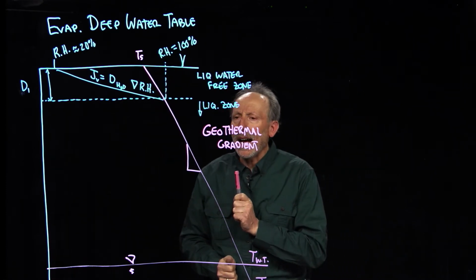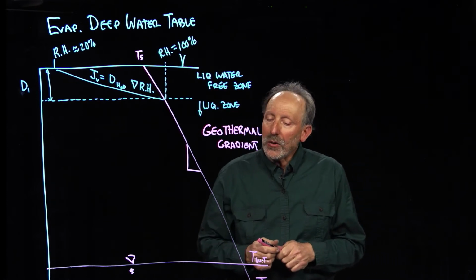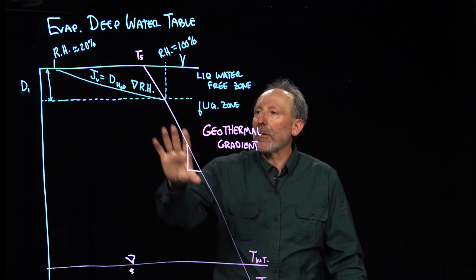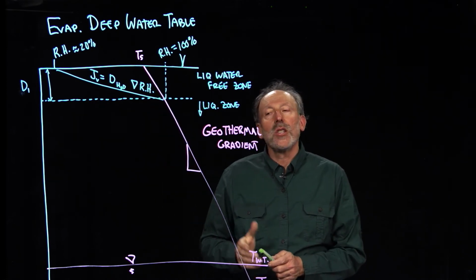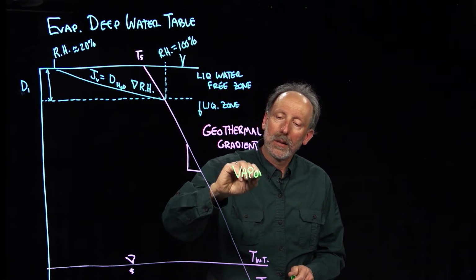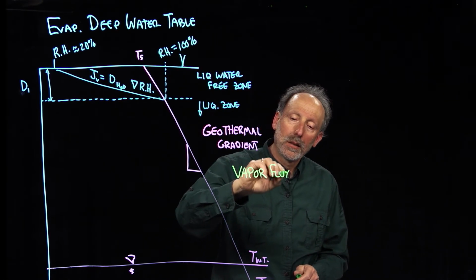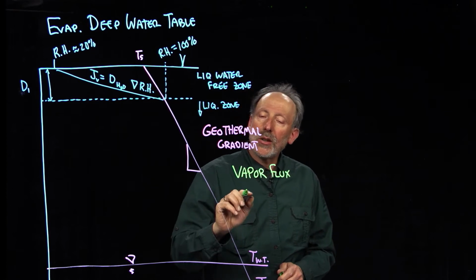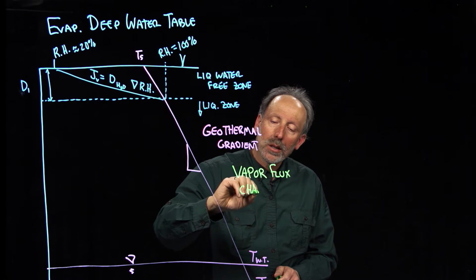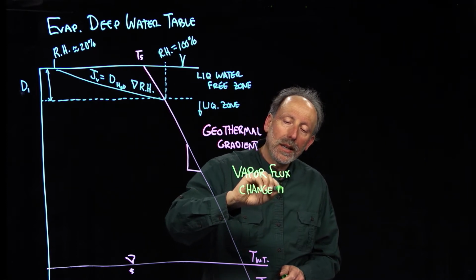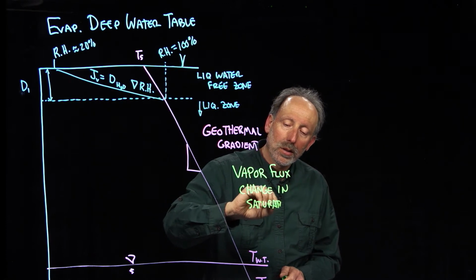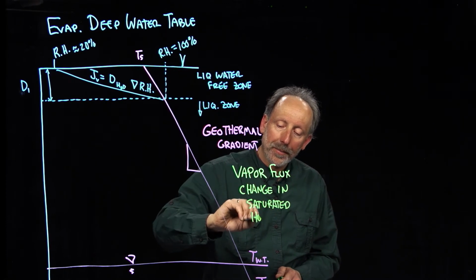Okay, now, the interesting thing is we need to look at what is driving vapor flux in this region. So the vapor flux in this region is going to be due to the change in saturated humidity.